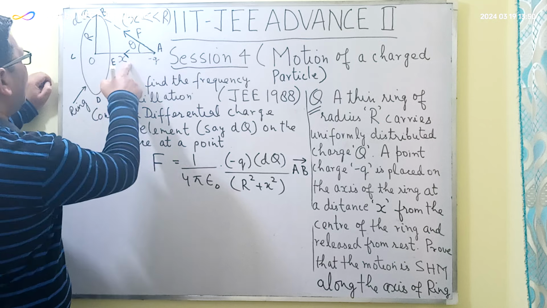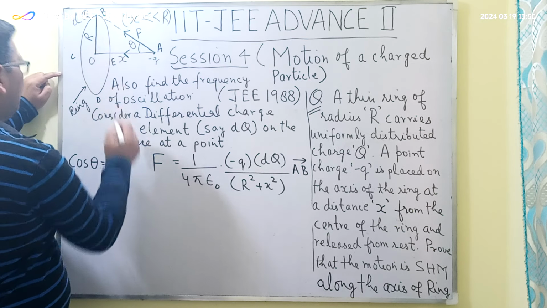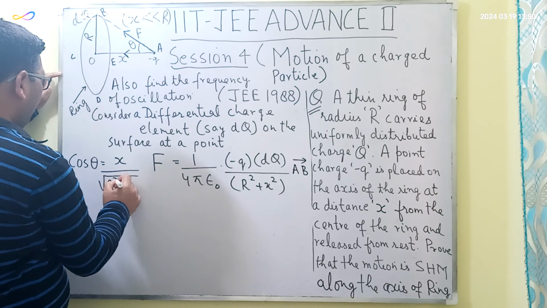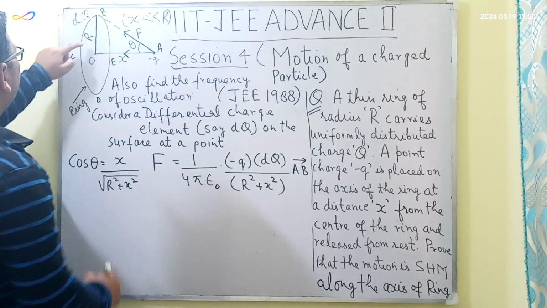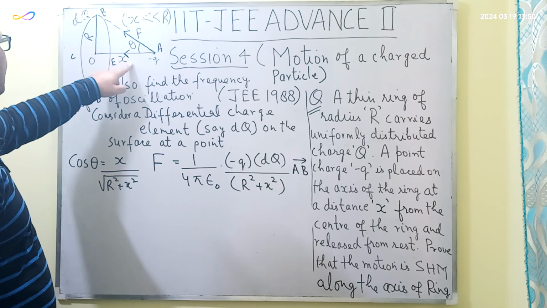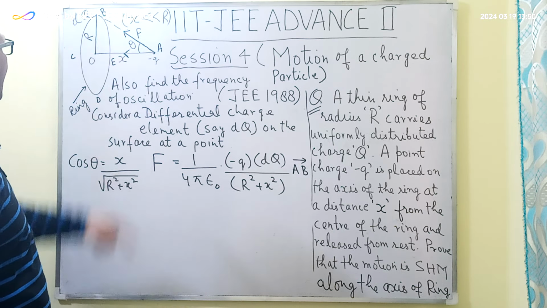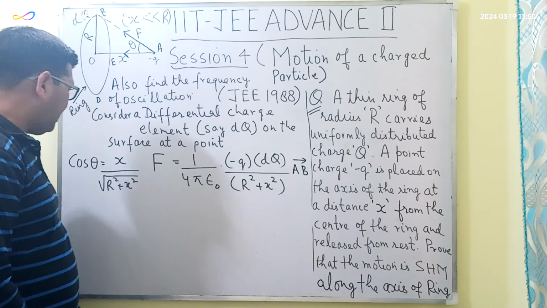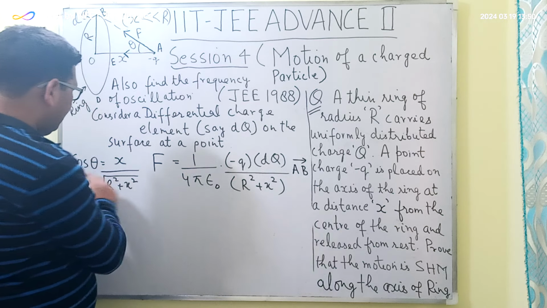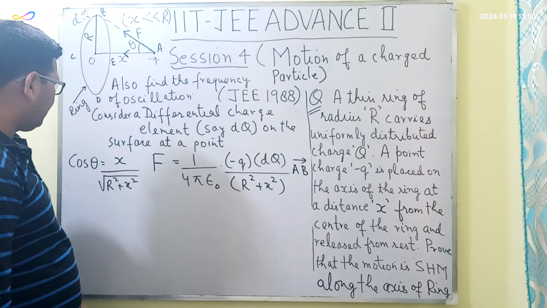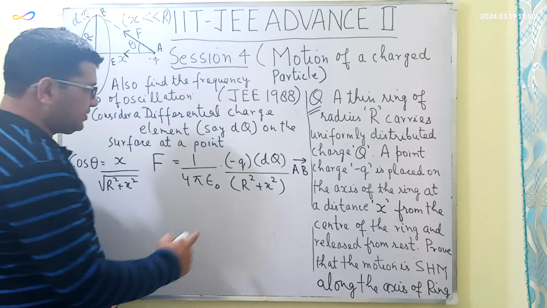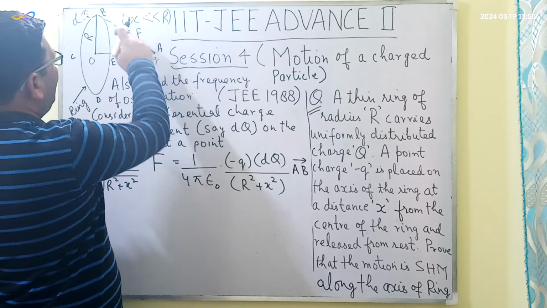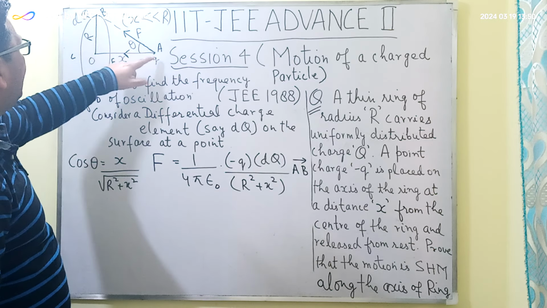So cos theta will be equal to base upon hypotenuse. The base is x, and the hypotenuse is under root of r square plus x square, because this is the radius of the ring and this is x. So cos theta is equal to x upon under root of r square plus x square. Now, this is the magnitude of the force along the direction AB.